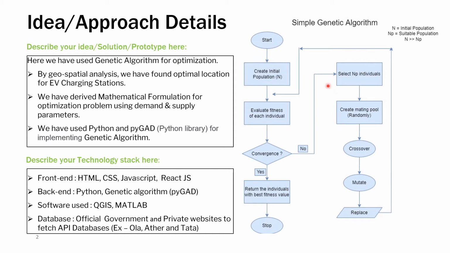Select NP individuals. Now what is NP? NP is a suitable population, which is much smaller than the initial population. This smaller population, NP, has high fitness compared to the whole initial population. We create a mating pool randomly.